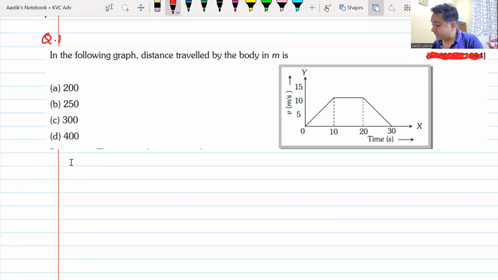In the following graph, they've only asked you to find out the distance, but let me ask you all the questions that are possible. Let us first find out the distance and also the displacement. Will there be any change in distance and displacement, or will the magnitude of displacement and distance come out the same? It is very evident that this entire graph is on the positive side of the y-axis, above the time axis.